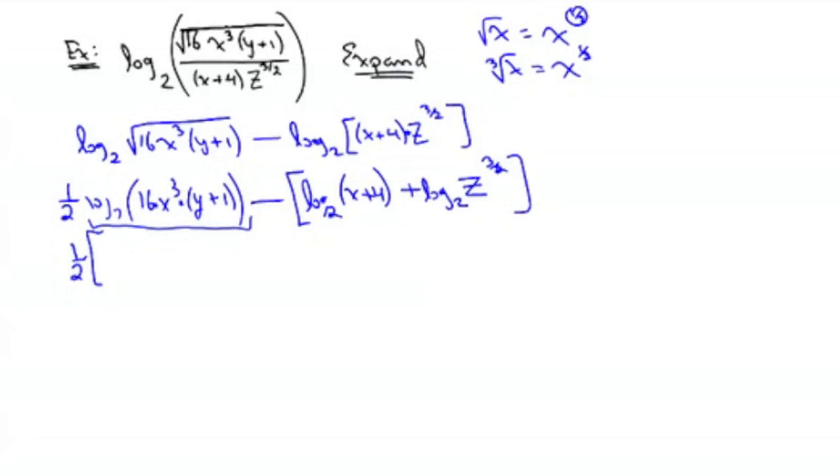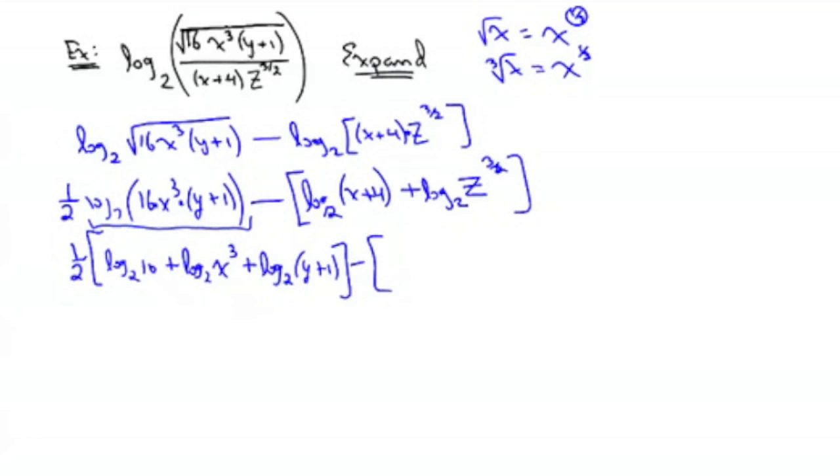That 1/2 affects every little piece on the inside. So it's going to be log base 2 of 16 plus log base 2 of x cubed plus log base 2 of y plus 1 bracket minus bracket.